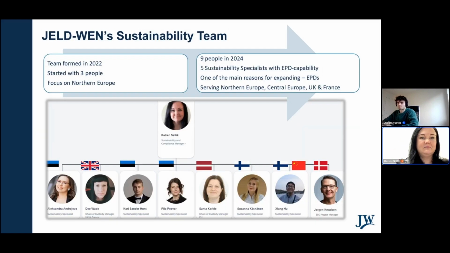Then I would like to introduce the true team of heroes we have, the sustainability team, which we formed in 2022. It only started with 3 people, myself and 2 people only focusing on FSC and PEFC. But then you could say that we used the EPDs and the need for EPDs as a business case, and that has actually been the main reason why we have expanded to 9 people now in the team in 24.